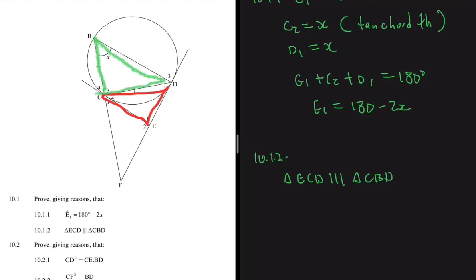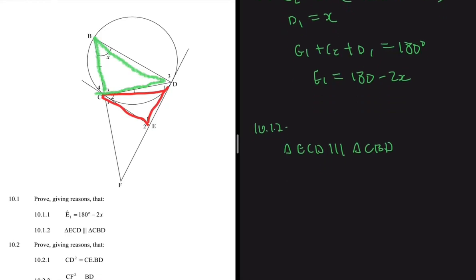When you're proving similarity, you need two angles to be equal to each other. As soon as two angles are equal, the remaining angles will be equal to each other, and you will have proved that the two triangles are similar, right? The way the examiners name their triangles, they name them with respect to the angles that are equal.